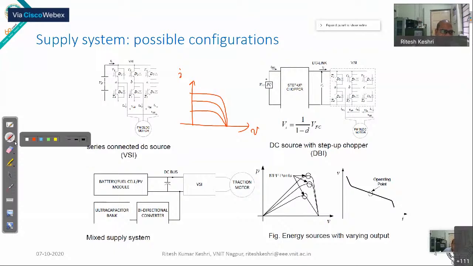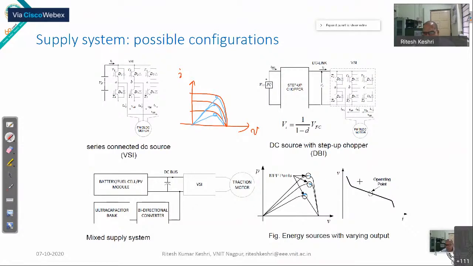And what is your objective? You always want to track the maximum power point. So maybe in this case it is here, maybe in this case it is here, maybe in this it is here. So you always want to track the maximum power point. You need to use some circuit element, otherwise you cannot do it.